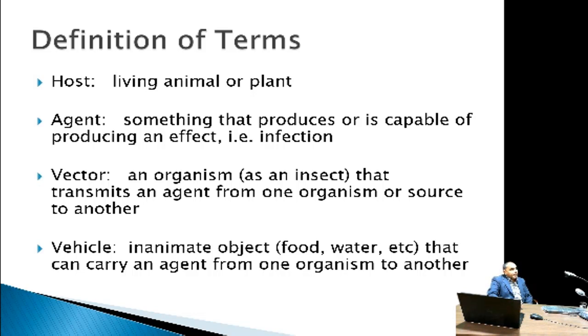Vector, an organism, as an insect, that transmits an agent from one organism or source to another. Vehicle, inanimate object, food, water, that can carry an agent from one organism to another.